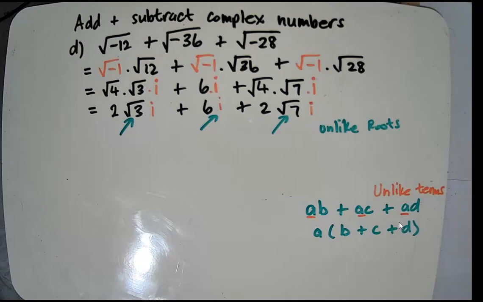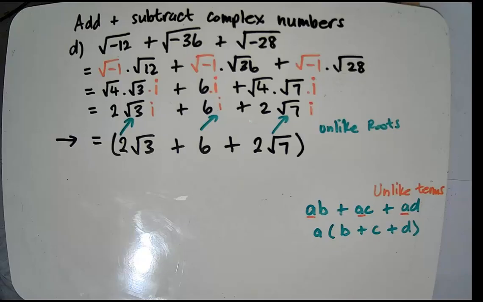So let's apply this logic to this question at hand and remove the i so that we can write what's left. Those are all the numbers, and then we remove i. That's the final answer.